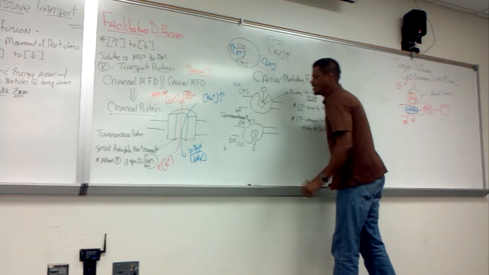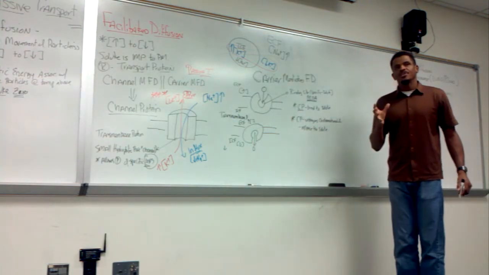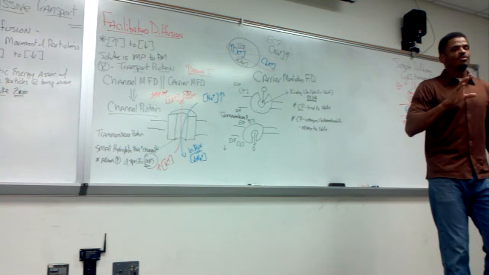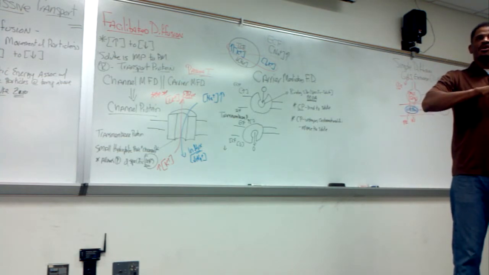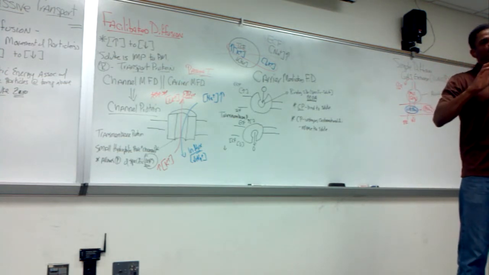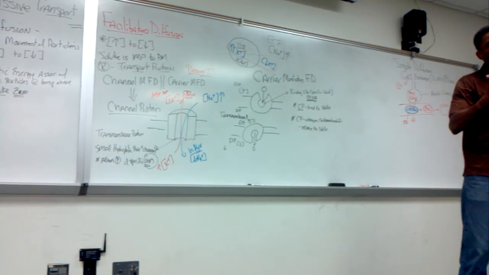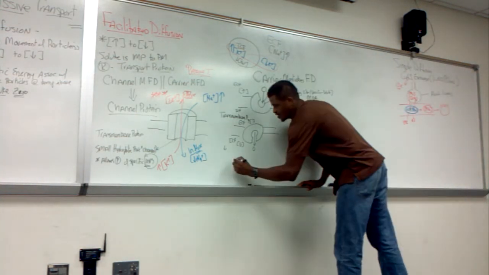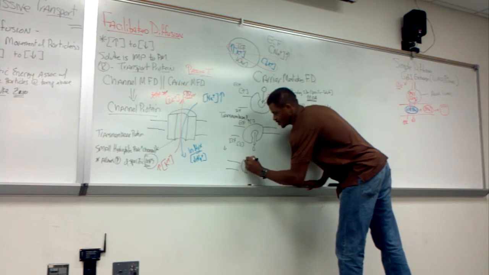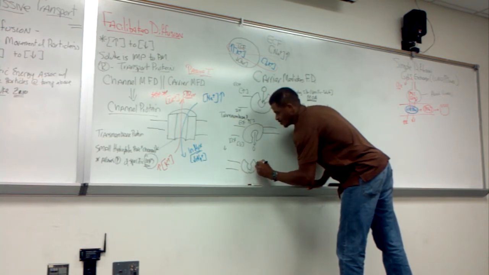After the carrier protein releases the solute, what happens? The release of the solute causes a conformational change, or causes it to return to its original what? Conformation. So the carrier protein returns to its original conformation.